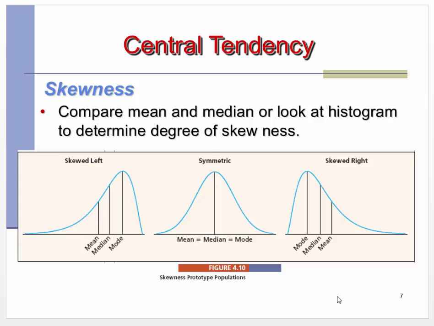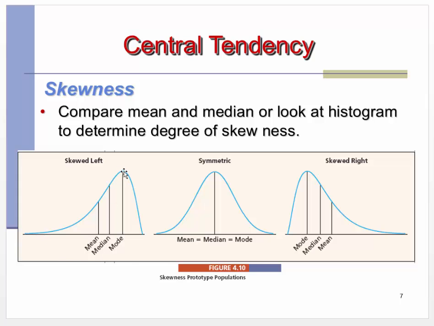Next, let's talk about skewness. Basically, you compare the mean and median and look at the histogram to determine the degree of skewness. If the distribution is skewed left, that means the longer tail is to the left.